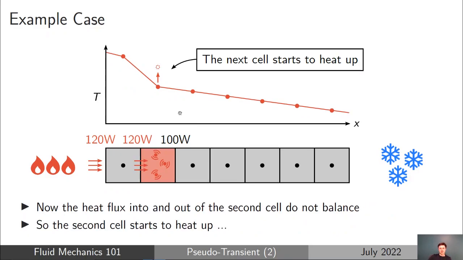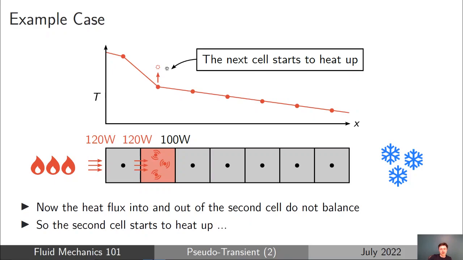But what happens now? This first cell is balanced, but if we now think of the second cell in the mesh, this cell has 120 watts coming in from the left end and only 100 watts going out at the right end. And so the same process is going to happen again. This cell is going to start accumulating internal energy, it's going to heat up, and that's going to increase its temperature.